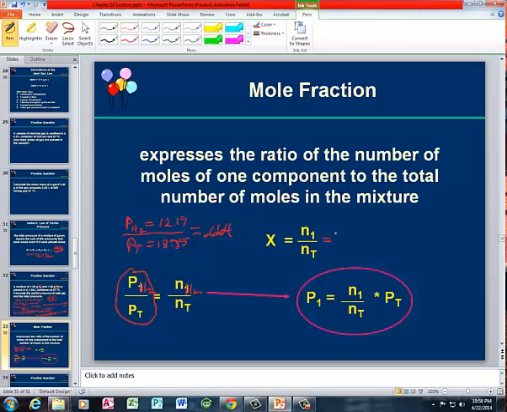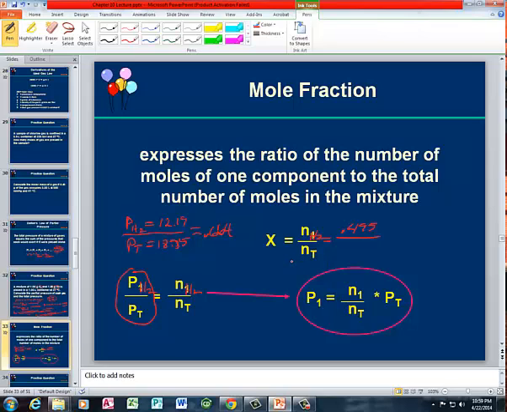Well, now what we're going to do is calculate the mole fraction of hydrogen divided by the total number of moles. The number of moles of hydrogen that we calculated was 0.495 moles. That was simply 1 gram of hydrogen divided by the molar mass of hydrogen, which was 2.02.